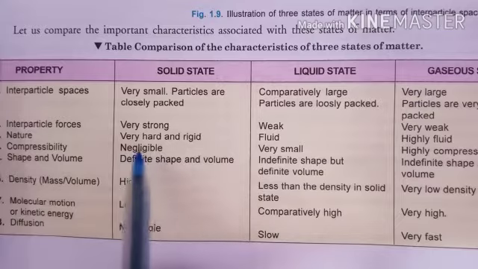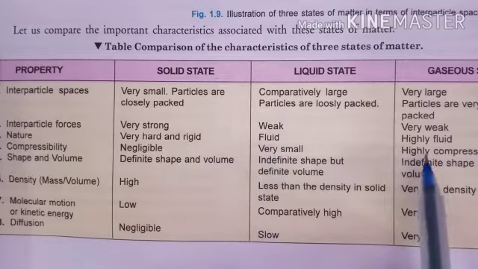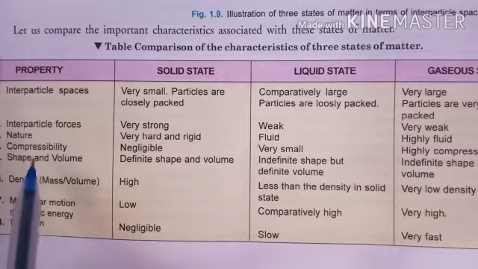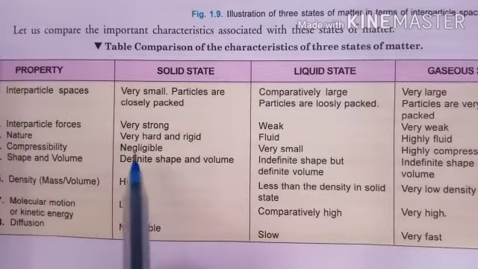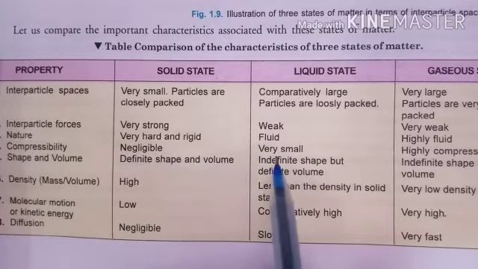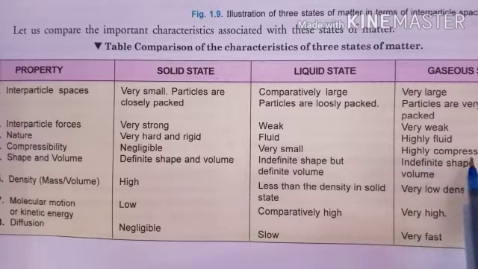And nature: the solid state is very hard and rigid, whereas liquid is fluid, and gases are highly fluid. And compressibility: solids can hardly be compressed, that is, compression is negligible, whereas compressibility is very small in liquid state, and gases are highly compressible.